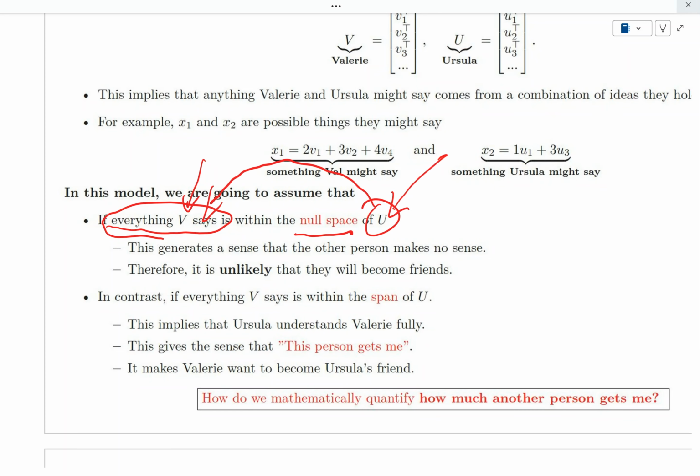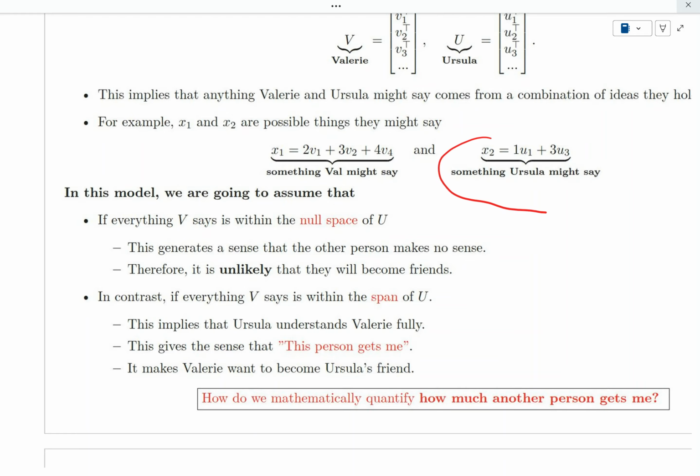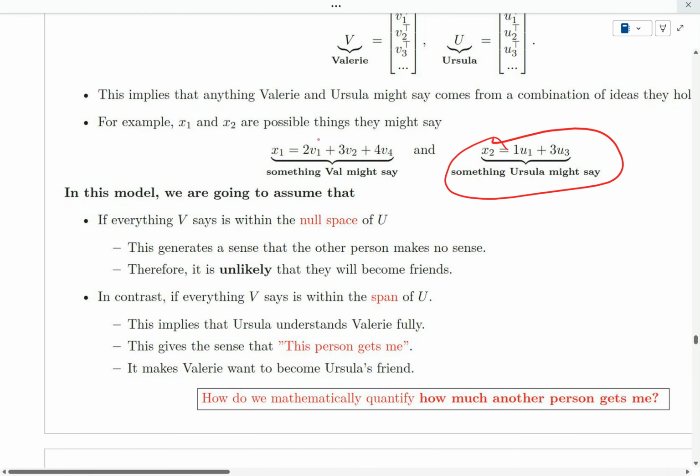That makes sense, but let's really confirm that this assumption makes sense. Similarly, if everything Ursula says is in the null space of Valerie, Valerie doesn't understand anything. A simple example: Ursula maybe speaks Russian, Valerie maybe speaks Arabic, and there's zero chance they can communicate with each other.